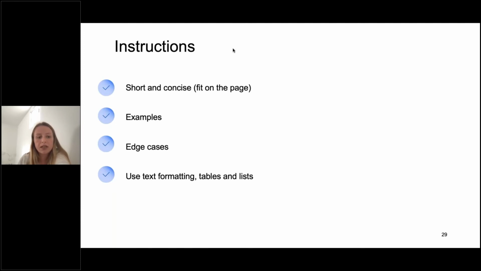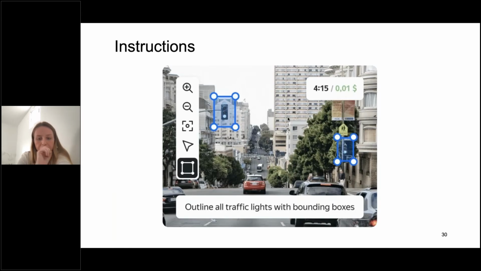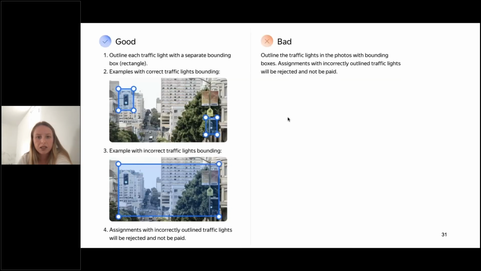They should illustrate examples and they should cover some edge cases. And it's a good idea to use some text formatting or tables and lists to focus the attention of the user on specific things. And let me give you an example of some good and bad instructions regarding the project that we have discussed before, the bounding boxes with traffic lights.